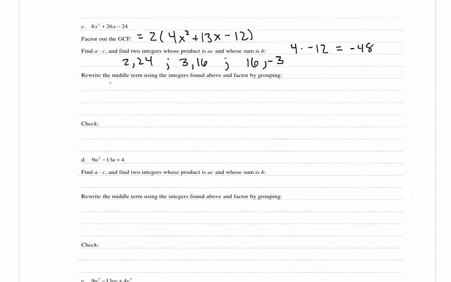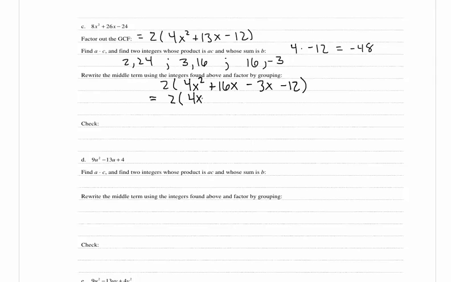So now we want to rewrite the middle term using the integers found above. So we're going to have 2 times 4x squared plus 16x minus 3x minus 12. And that's equal to 2 times, in the first two terms, we're going to factor out a 4x.